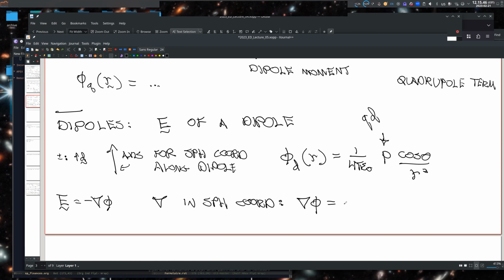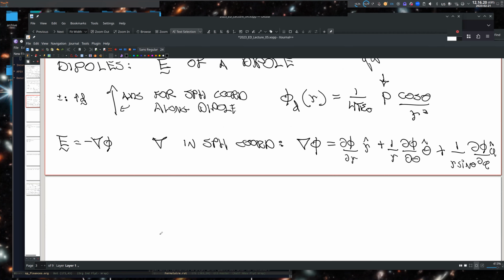So I've got the d phi dr in the r hat direction. I've got 1 over r d phi d theta in the theta hat direction, and I've got the 1 over r sine theta d phi d the azimuthal angle in the phi hat direction.